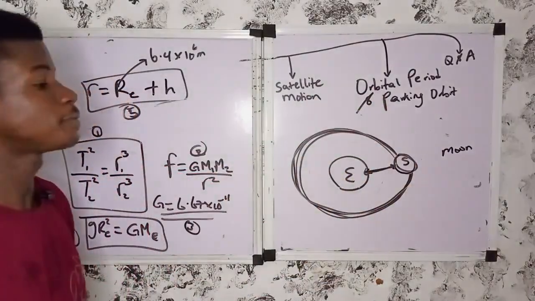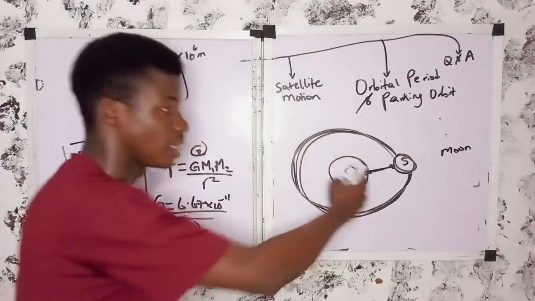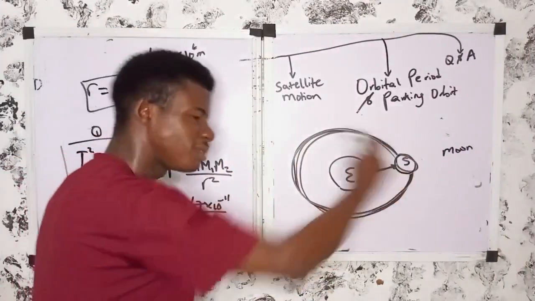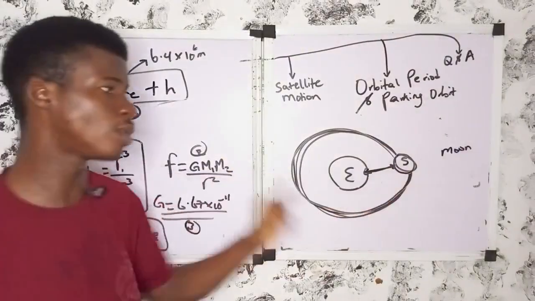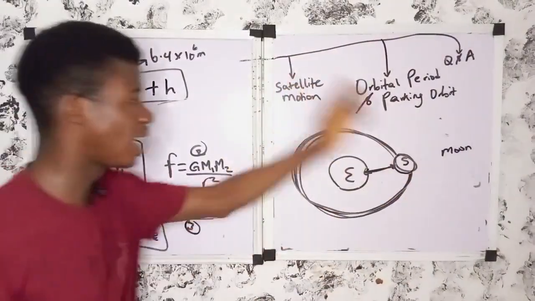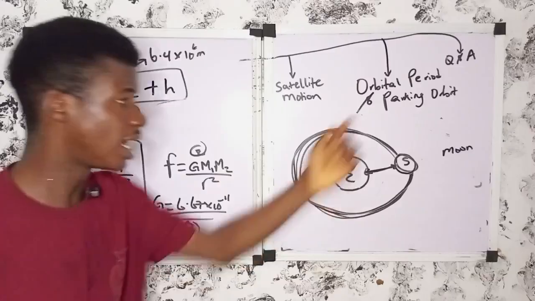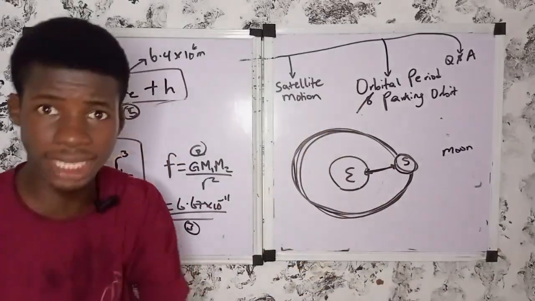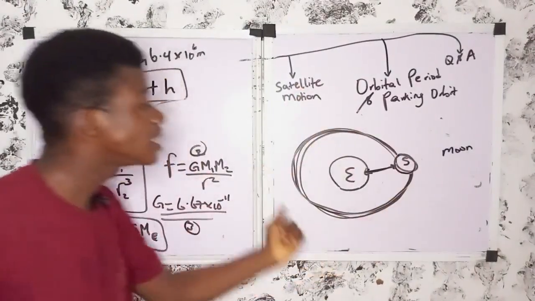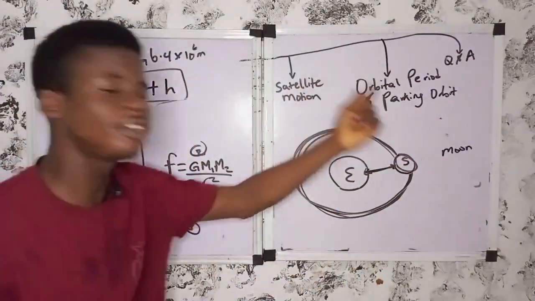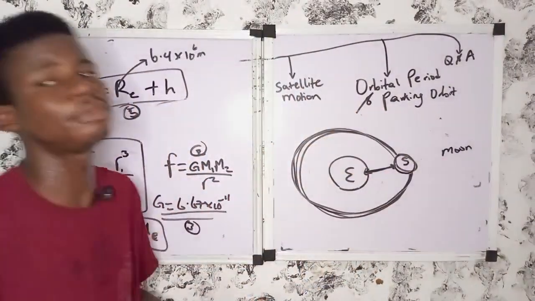Now, it is the gravitational force that provides the centripetal force. Don't forget, satellites are moving in a circular path around the Earth. That type of motion is circular motion, right? And what keeps a body moving in a circular path is centripetal force.